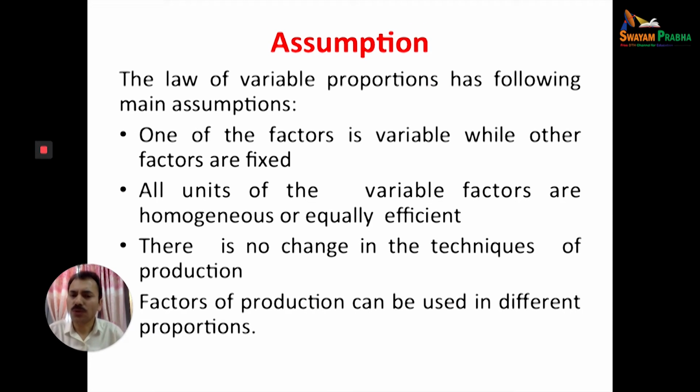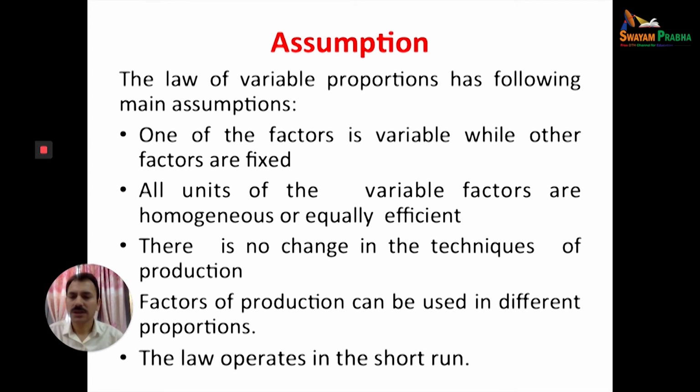Then, factors of production can be used in different proportions as per the requirement. And lastly, the law operates in the short run. This law of variable proportion operates in the short run only. In the long run, this law will not operate.